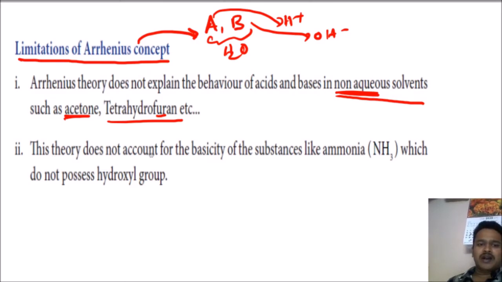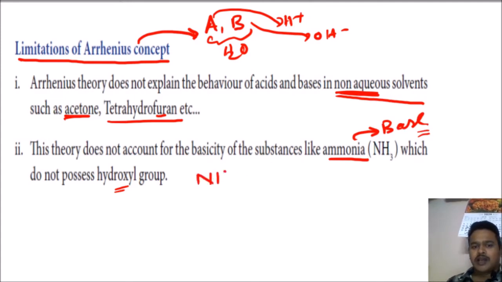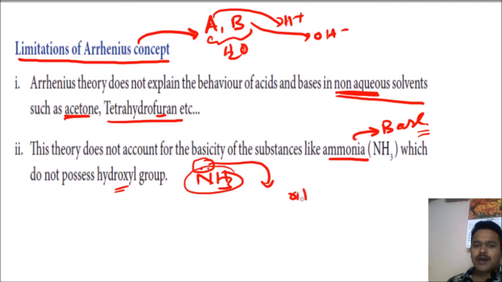This theory does not account for the basicity of substances like ammonia, which does not possess a hydroxyl group. Ammonia is a base, that is a proven fact. Everybody knows ammonia is a base, but this NH3 has a lone pair, and it acts like a base by donating this lone pair, yet no OH minus ion is there.